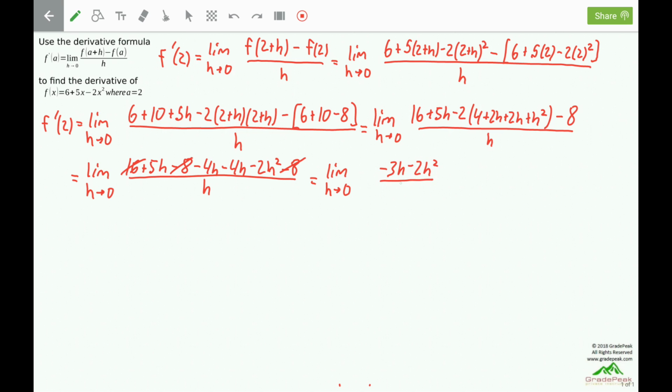Those remaining terms each have an h in them, so we can factor the h out. So we'll do that now, leaving us with a negative 3 and a minus 2h. All this is over h. And as soon as we cancel that, we no longer have the 0 over 0 indeterminate form.